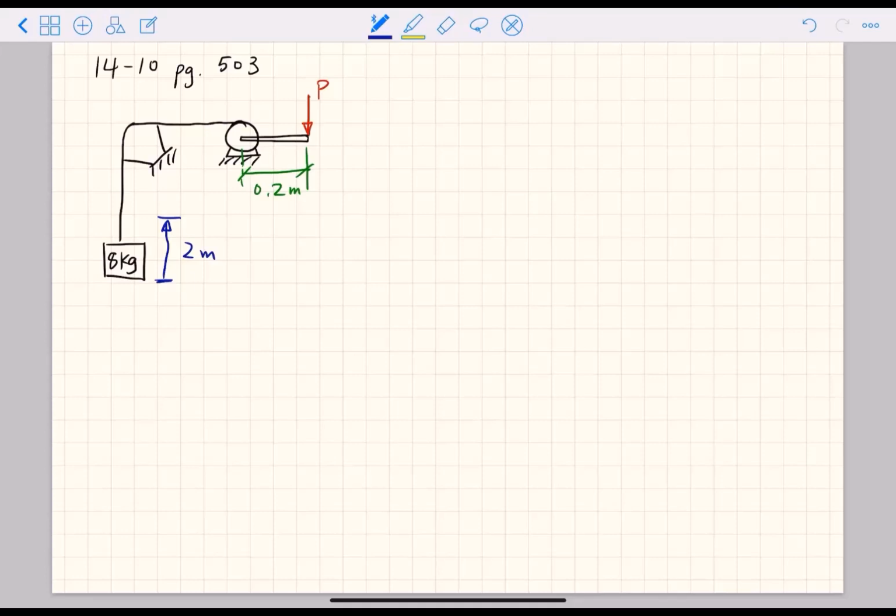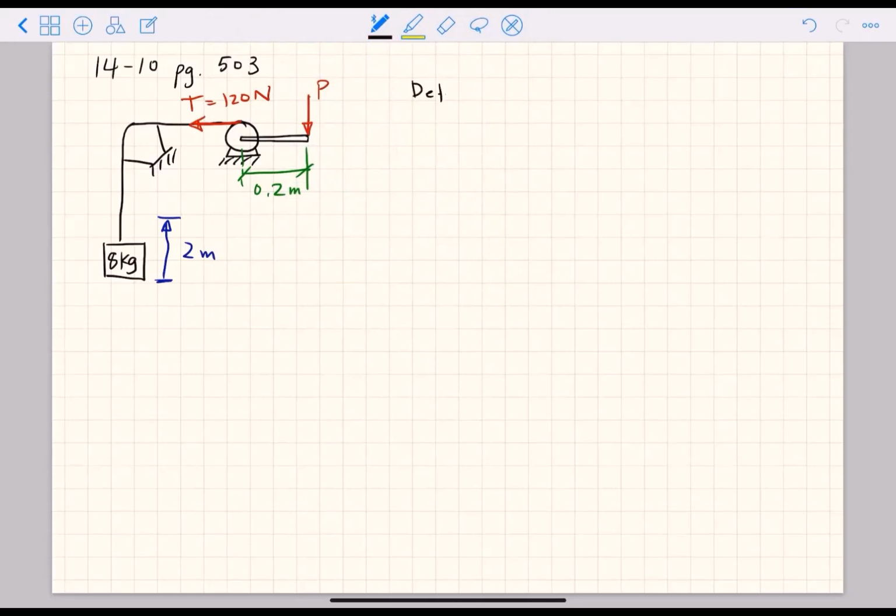Another way of showing that would be like this, right? There is a tension here, and that tension is equal to 120 newtons. So determine the work done on the 8 kilogram mass for part A.